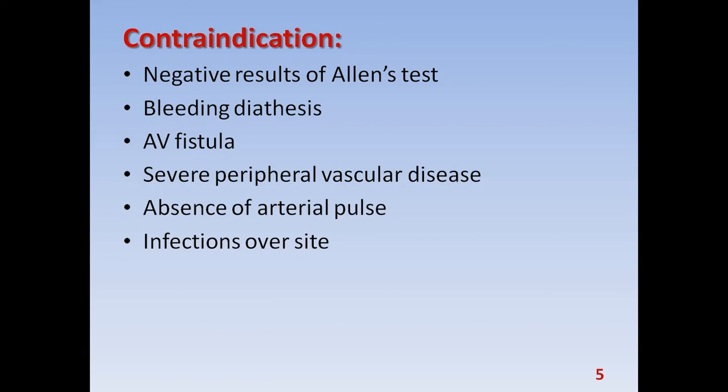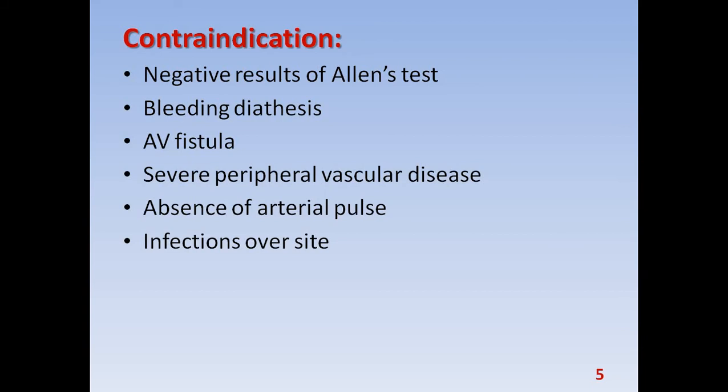And AV fistula is arteriovenous fistula, and the next one is severe peripheral vascular disease. So if there is any severe disease of arteries or veins in the hand, then it's not indicated.